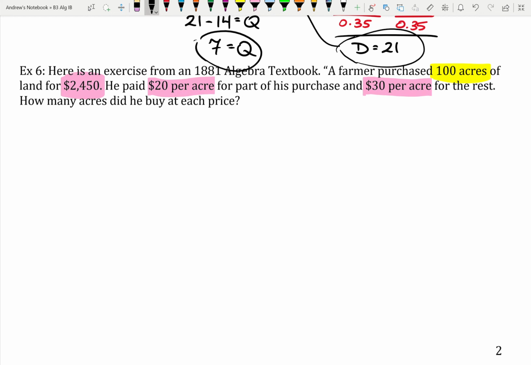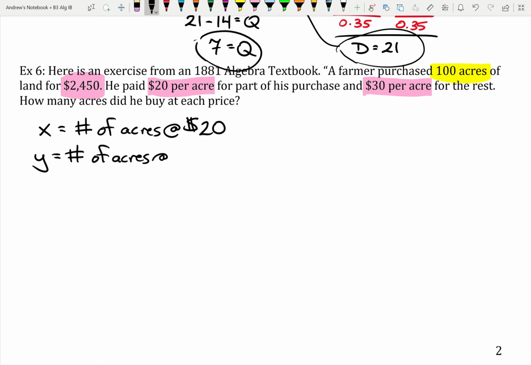So how many acres at each price means that we're going to need to set up some different variables. Let's say that X is the number of acres at $20, and let's say that Y is the number of acres at $30.